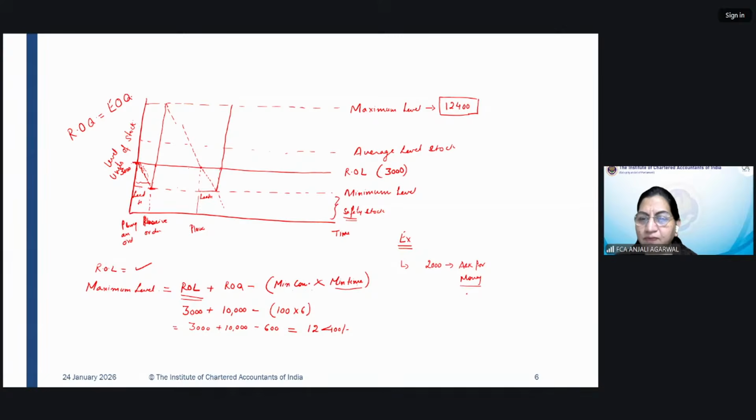So whenever you ask for money, your parents send you 20,000 rupees. So what is the maximum amount you will have in your purse? At 2000 rupees, you told your parents to give you money, and they gave you 20,000 rupees. So the maximum level in your purse or wallet would be 22,000.